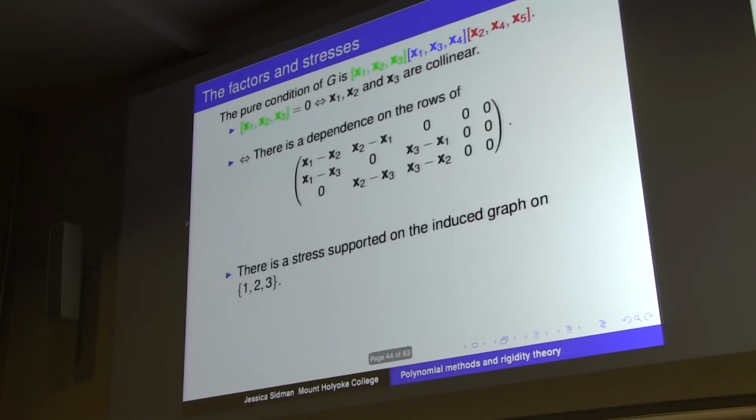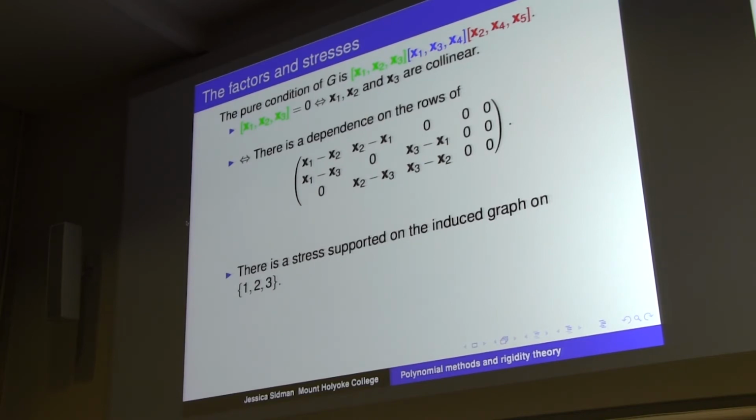And those 3 points are collinear if and only if there's a dependence on these 3 rows of the rigidity matrix. In rigidity theory language, linear dependence on the rows of the rigidity matrix is called a stress.